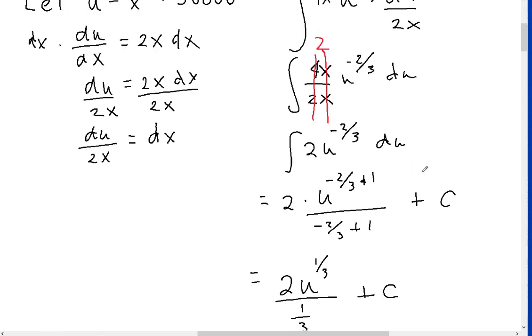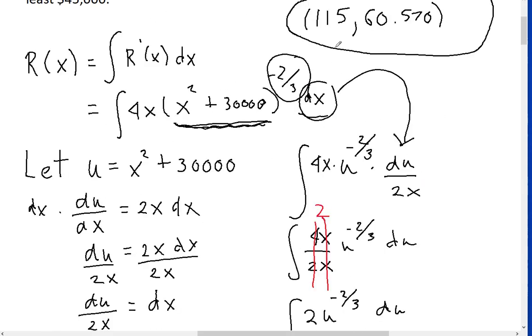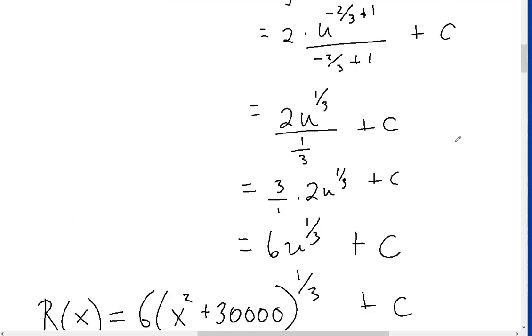Now, they told us that R of 115 is 60.570. And this is the part that can be a little confusing. Because they put a 60,570 here, it almost makes it seem like we should leave this as the 60,570, but we don't. We need to have a 60.570 there.